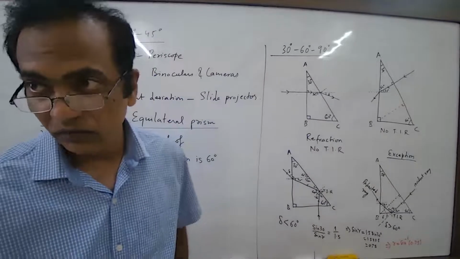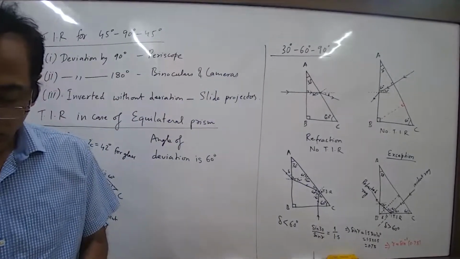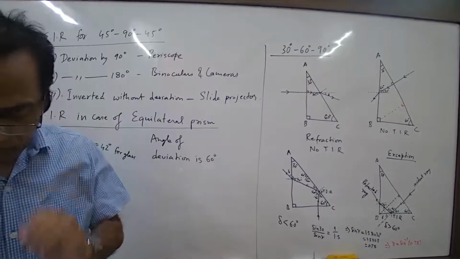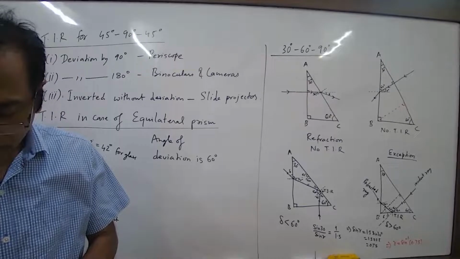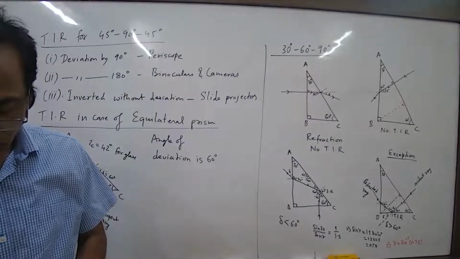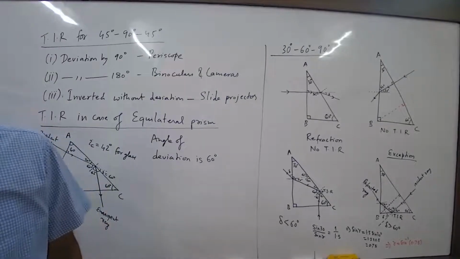So from the table you can find out. I will tell you from the calculator. Sine inverse 0.75, so the angle of refraction is 48.